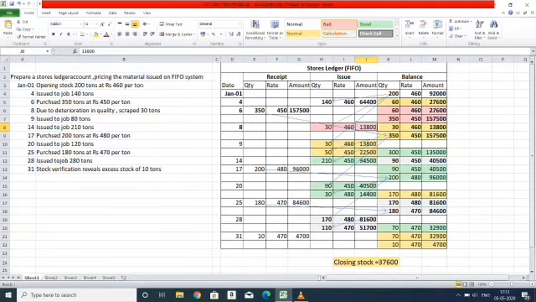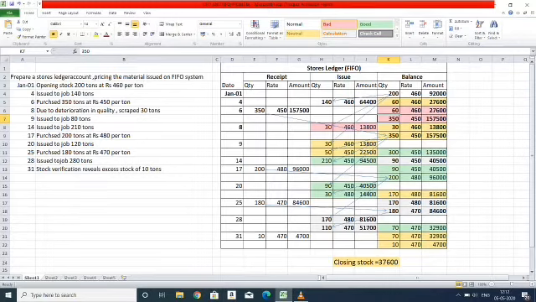So our balance, this 60 minus 30, is equal to 30 tons. 30 into 460, amount comes to 13,800.